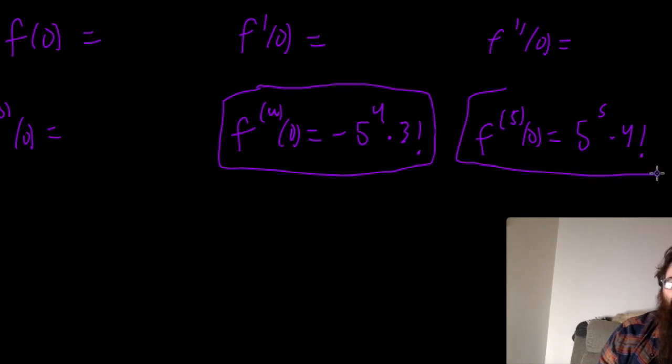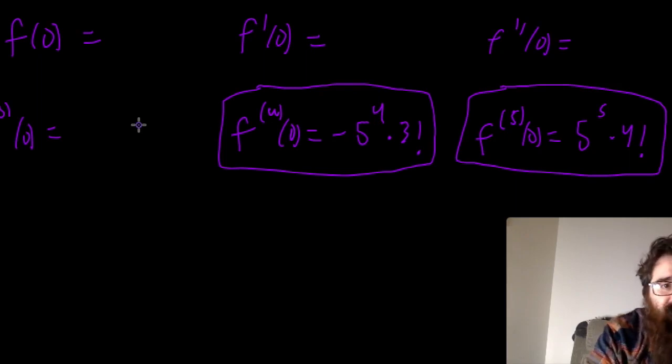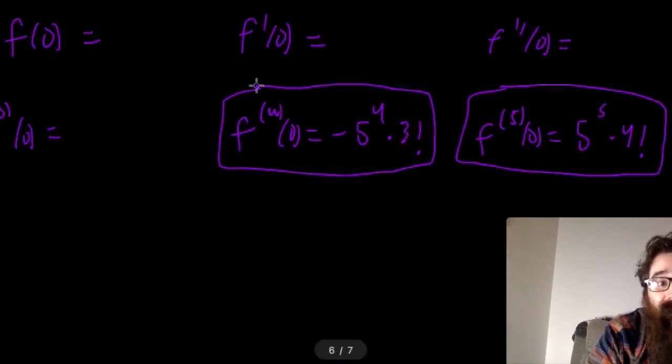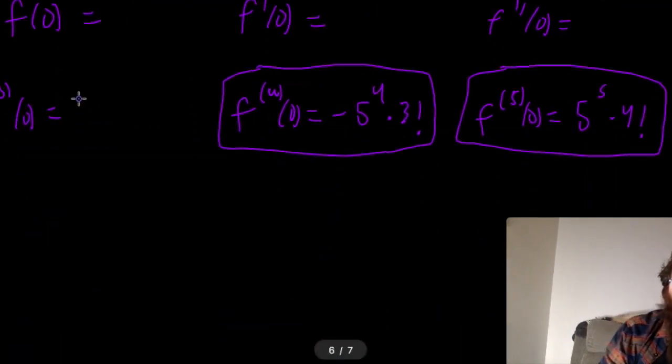So this one was positive, 5 to the 5th, 4 factorial. Since I have that sort of alternating sign, sort of going, positive, negative, positive, that third order derivative at 0, I bet that one was positive, wasn't it? It looks like I have 5 cubed and then a 2 factorial, and it is positive. 5 cubed times 2 factorial.